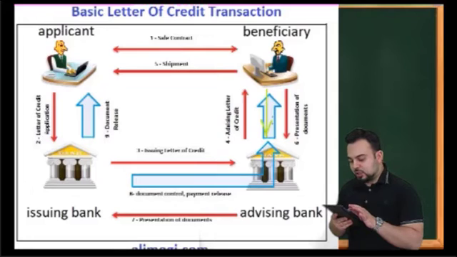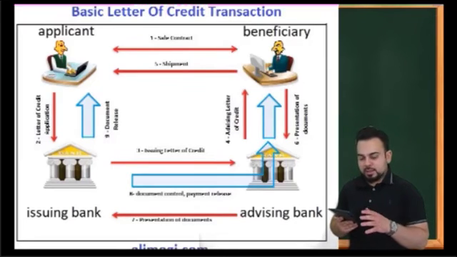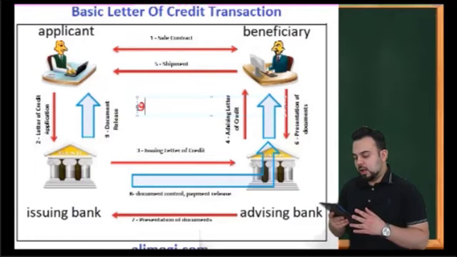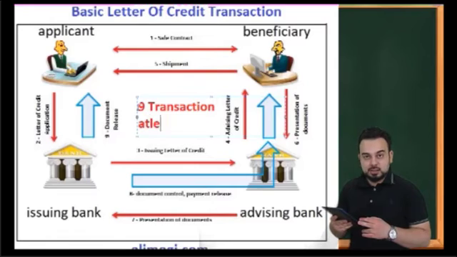Here, second bank shares the documents with applicant bank, and applicant bank pays money against the documents and then releases documents such as bill of lading to applicant. As you see here, we have about 9 transactions. It could be very important because it will take time and cost.